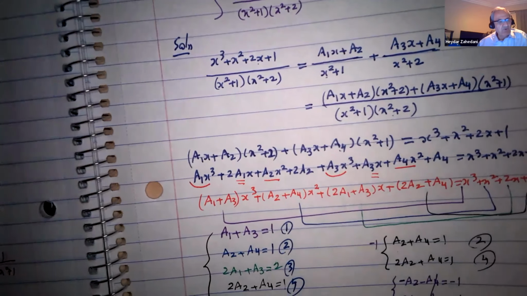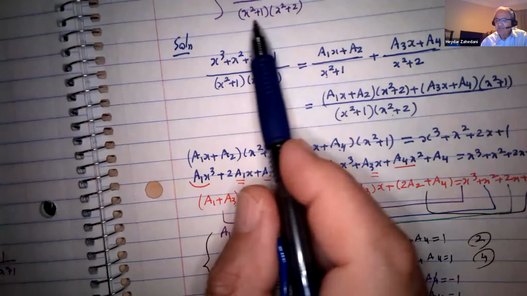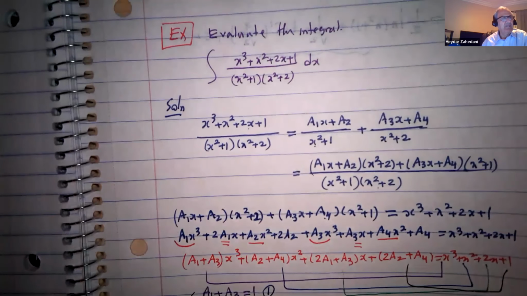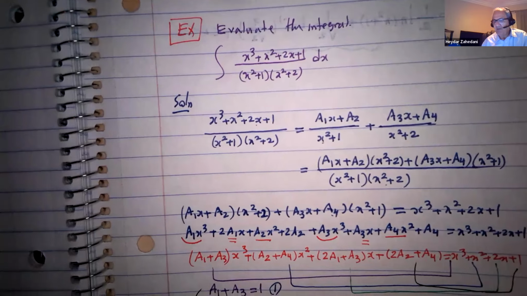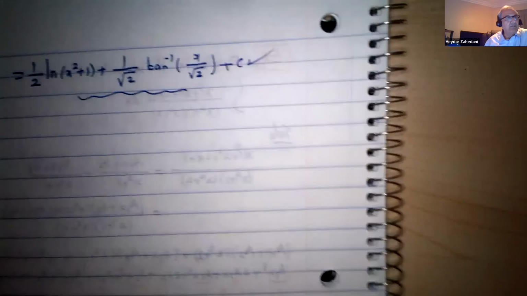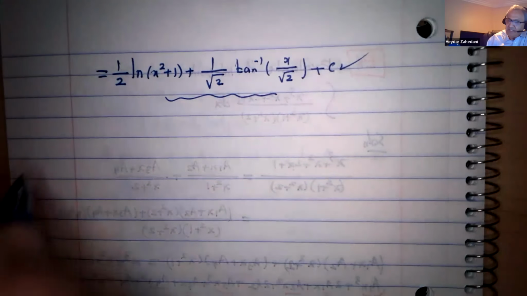Now, what's going to be case 4? In case 4, you may have a repeated quadratic. Good luck. It takes a little more time, but we have one very famous problem to take care of. And okay, what is case 4?